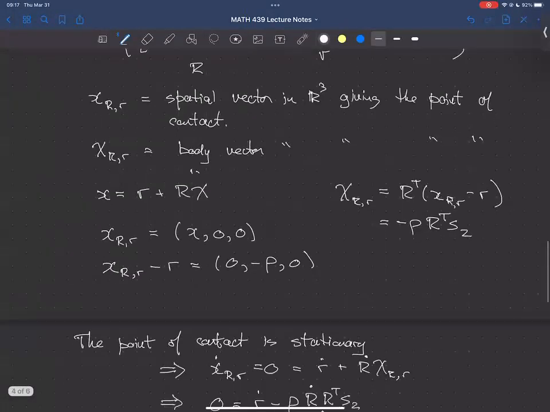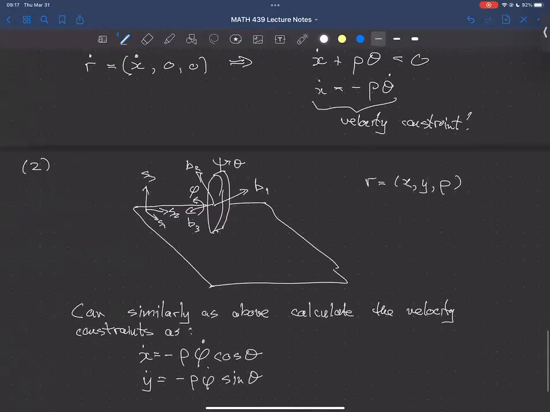For this one, if I ask you what's the real dimension of the configuration space, because now I have some velocity constraints again. We know that without velocity constraints, the configuration manifold is four-dimensional: X, Y, theta, phi. So the question is, as in the preceding example, do the velocity constraints constrain the configurations?